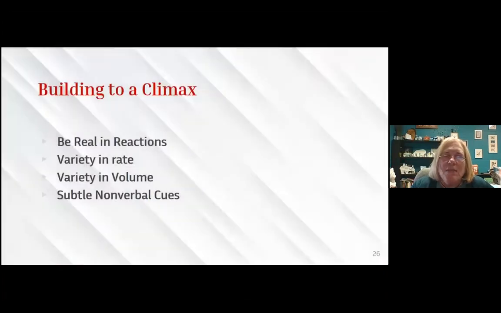You also want to have a variety to build to your climax. You want to be very real in those reactions. You can build to a climax through variety in rate, like speeding up or slowing down. One way or the other could build to a climax. A variety in your volume can help you to reach a climax. But please, please, please realize that you don't have to shout every time to do a climax.